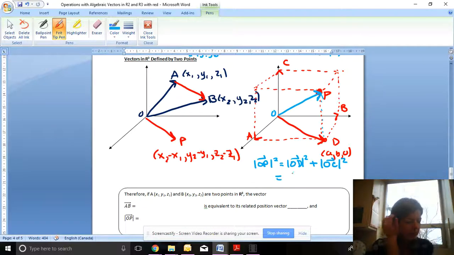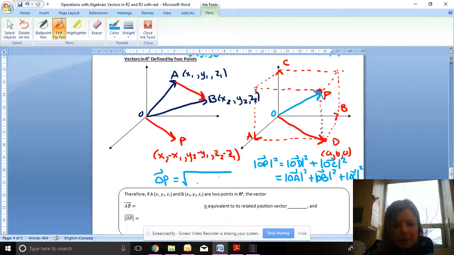OD can be written as OA plus OB, because OD is from the right triangle. So the magnitude of OP can be written as a big square root of A squared plus B squared plus C squared. If you want to know the magnitude of anything in 3 space, you can just take its 3 coordinates, square them, add them together, take the square root.